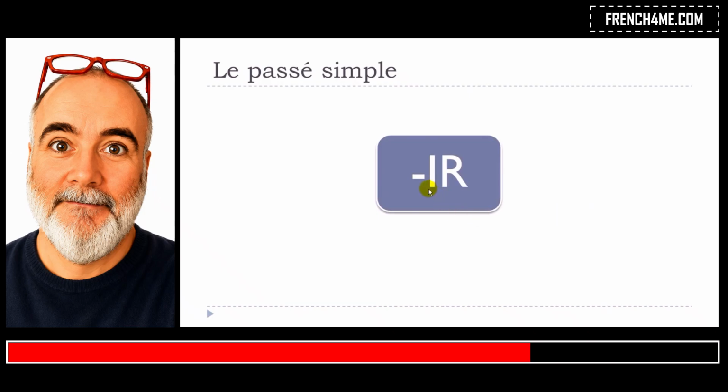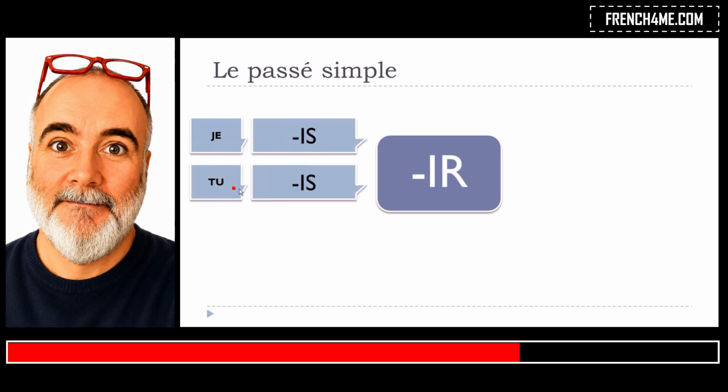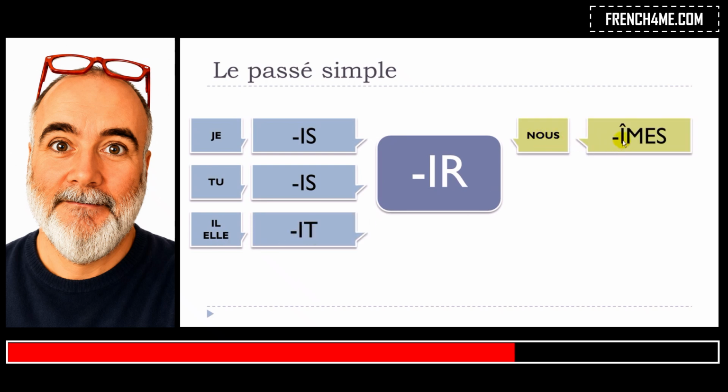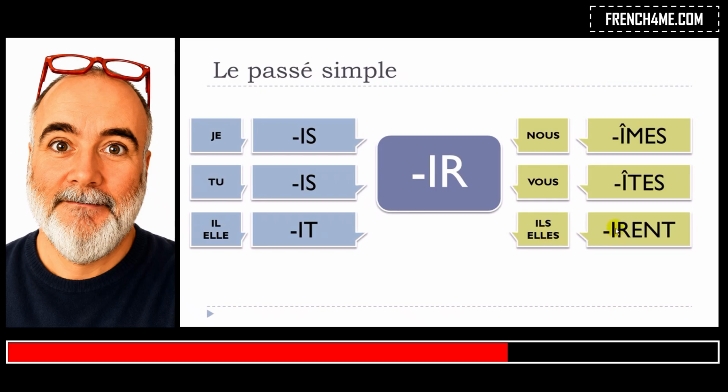And let's see now the endings for the verbs of the second group, the regular verbs in IR. Okay, so you will have for je, is, and then for tu, is, for il, elle, it, for nous, îmes, vous, îtes, and then il, elle, at the plural form, irent.